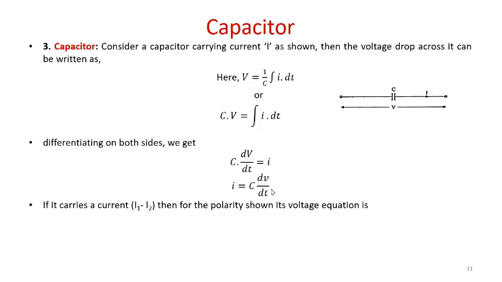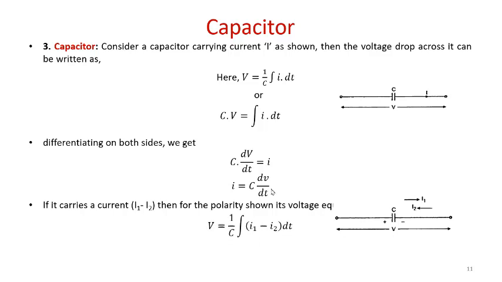If it carries a current I1 minus I2, then for the polarity we can write the voltage equation as V is equal to 1 by C integrating I1 minus I2 into dt, and the net current flowing through the capacitor can be written as I1 minus I2 is equal to C into dV by dt.